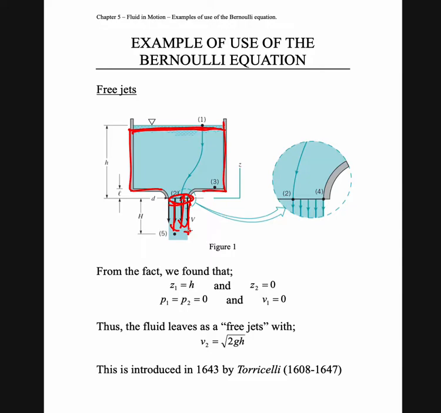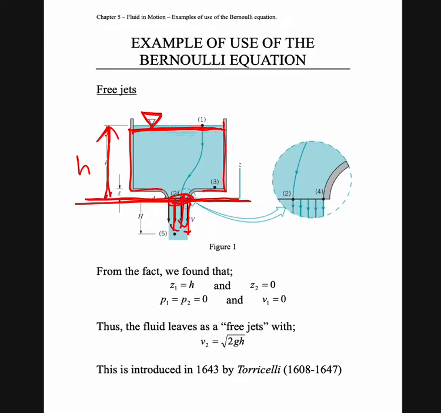Normally people will take this level as the datum, because this is the boundary between the fluid inside the tank and the fluid that moves outside in the atmospheric pressure. Here we could draw a distance h, meaning the distance from the point where the fluid comes out until the free surface of the liquid.